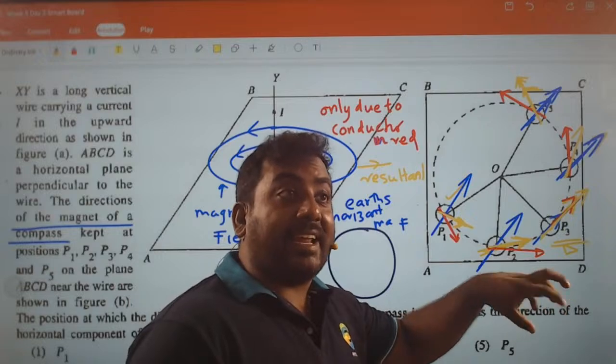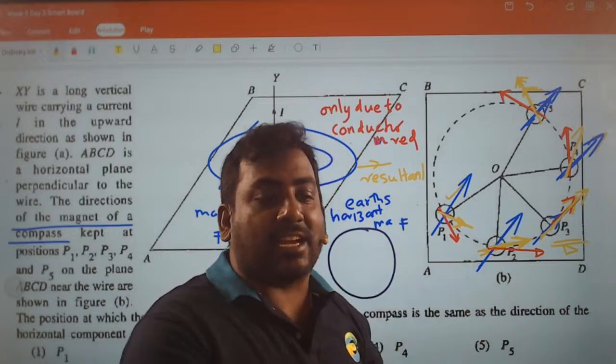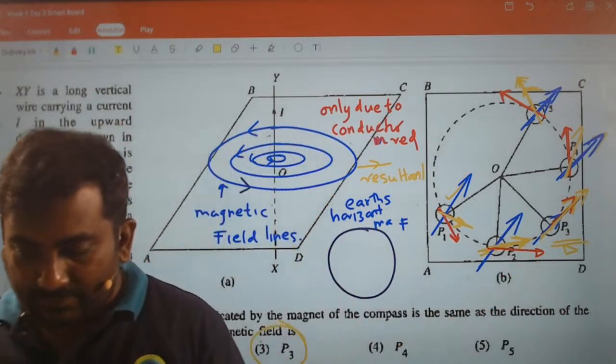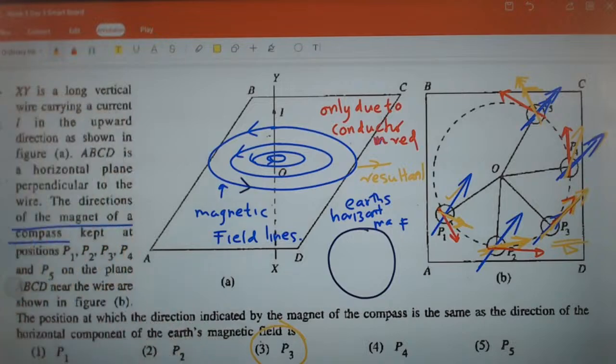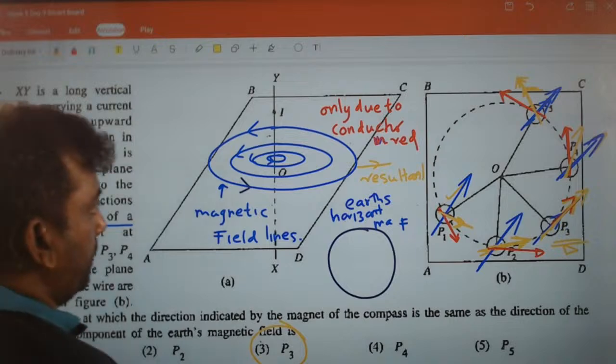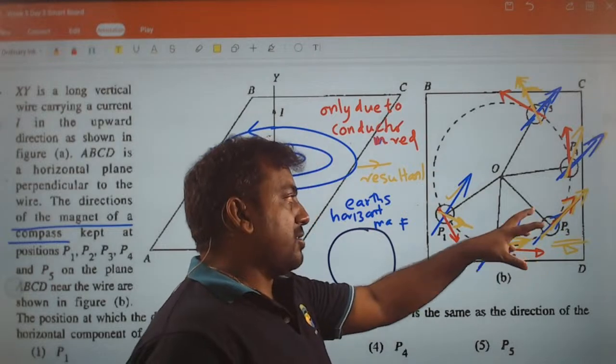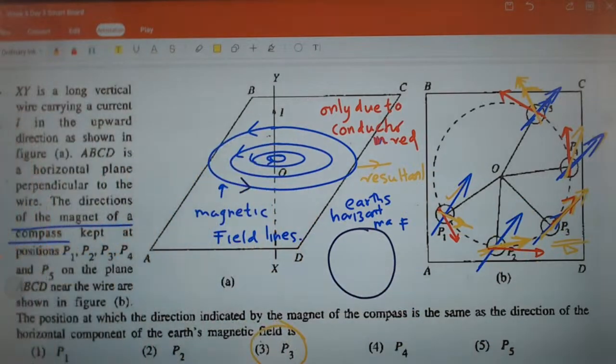The compass indicates the resultant direction of both magnetic fields.